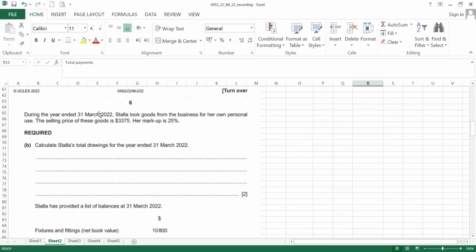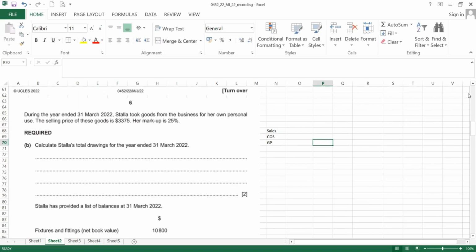Now next, during the year ended 31st March 2022, Stella took goods from the business for her own use. The selling price for these goods is 3375. Her markup is 25%. Calculate the total drawing for the year. So we calculate the goods first. Sales, cost of sales, and then GP margin.